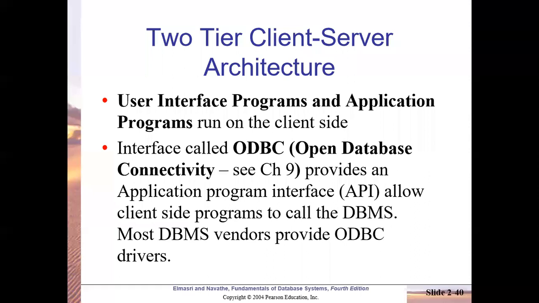Then for specialized languages, there are specialized connectivity software. Like for Java, we have Java database connectivity, which is called JDBC. Similarly for SQL Server and others, we have different specialized database connectivity software.